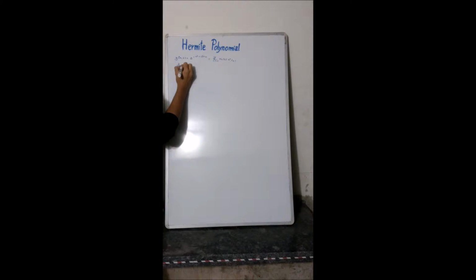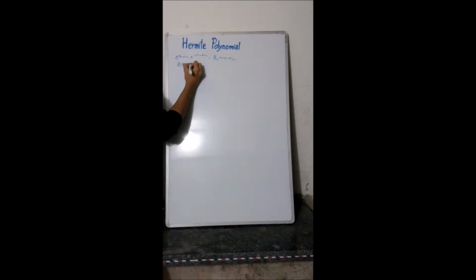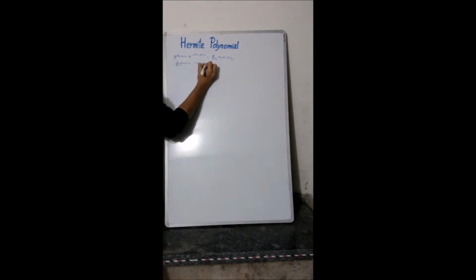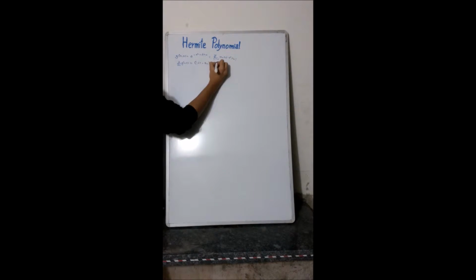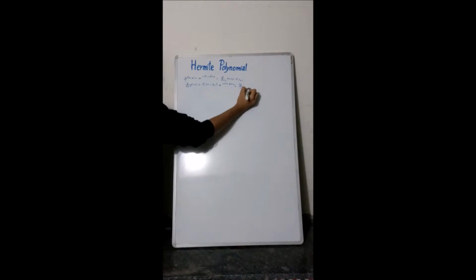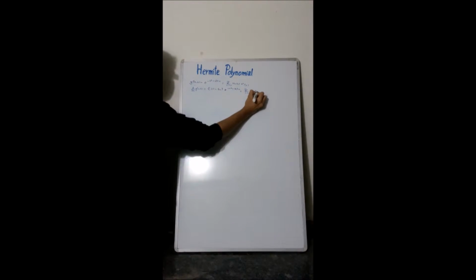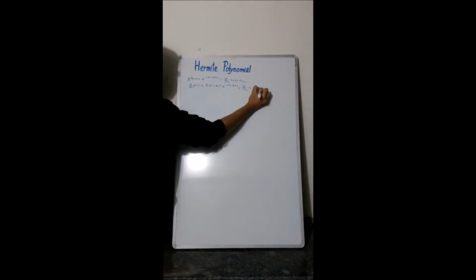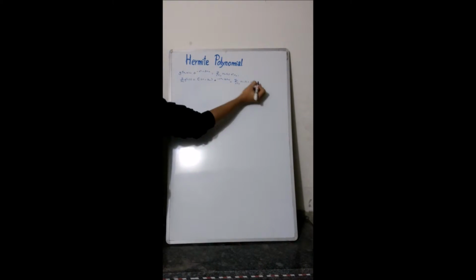So we have (-2t+2x) e^(-t²+2tx) = sigma n equals 0 to infinity H_n(x) t^(n-1) / n!.